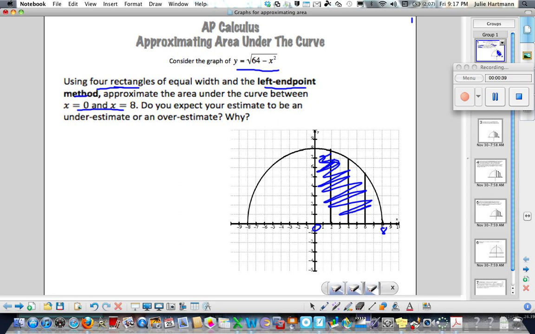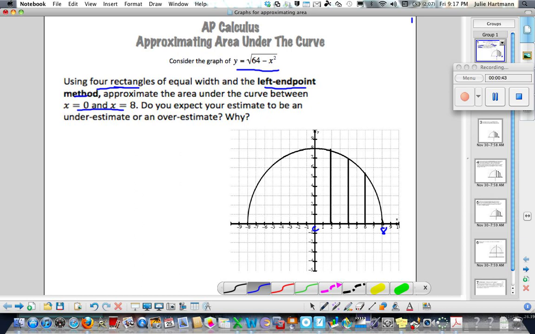So let me erase that so we can specifically look at our rectangles. We have 4 rectangles. Using the left endpoint means, if this is your rectangle between 0 and 2, that's the base of it, you want the left endpoint, which means you're going to go right there to form your rectangle. The next one, between 2 and 4, you're going to take that endpoint right there and make that your height.